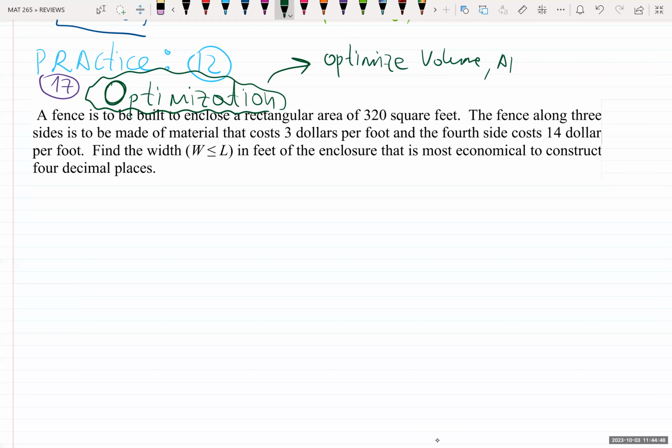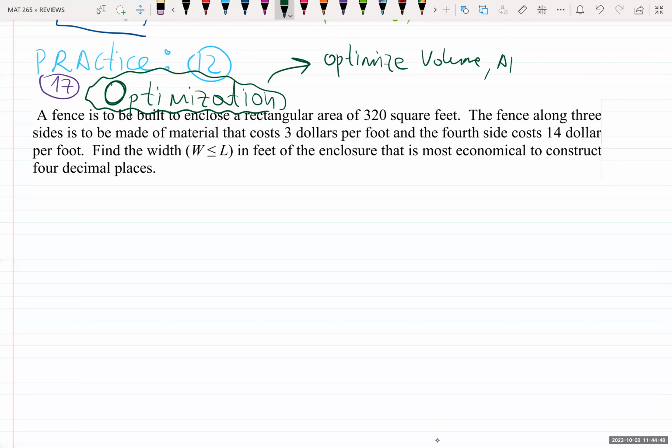Perimeter is add all the sides together. So it's going to be x plus y plus y if I just write it down as a perimeter. And then you multiply each side by how much it costs you to build it. So perimeter will be just that, right? But then when you multiply it by dollars or whatever money is, then it becomes the cost function.